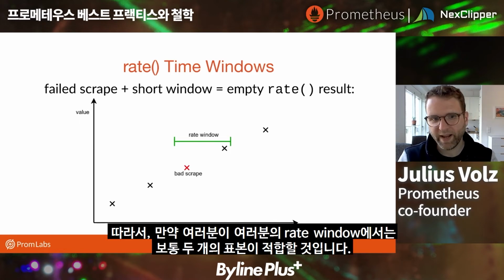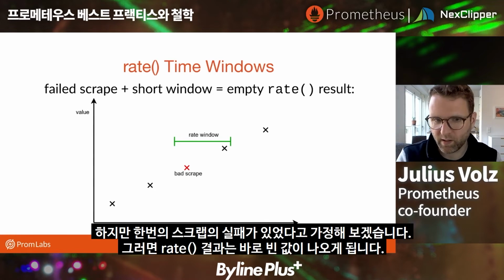So what happens if, under your rate window, normally there would fit 2 samples, but let's say there's one single bad scrape, then immediately you get an empty rate output, and you don't want your rate windows to be so unrobust.